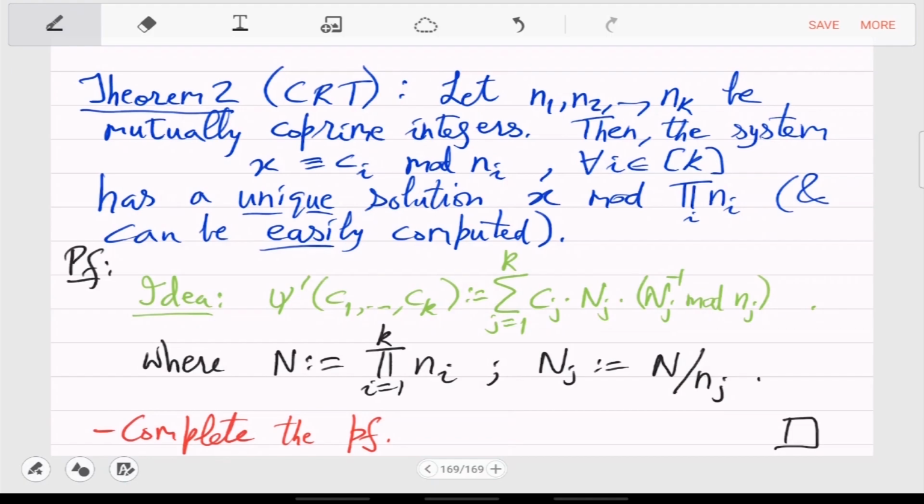After that, you just multiply and add. Okay, so now this should give you the complete solution of any system of linear equations, with arbitrary moduli. Is that fine? Okay, so that should complete modular arithmetic.